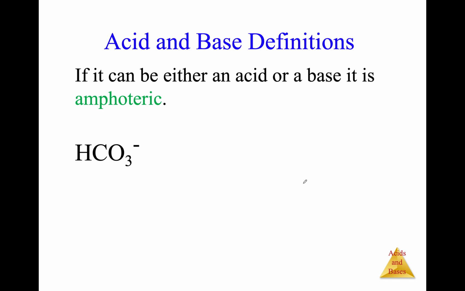A couple examples: hydrogen carbonate can act as an acid by forming CO3 2-. So an acid donates a proton. It can also act as a base and accept a proton and form H2CO3.